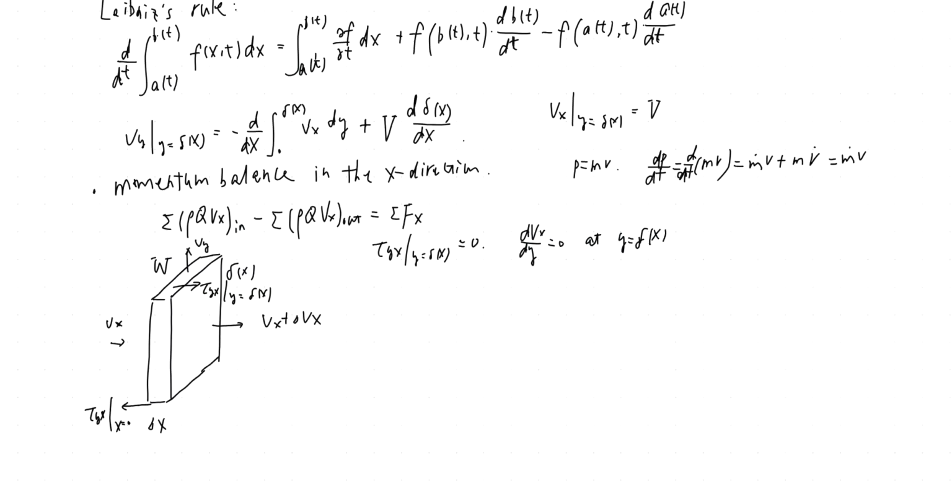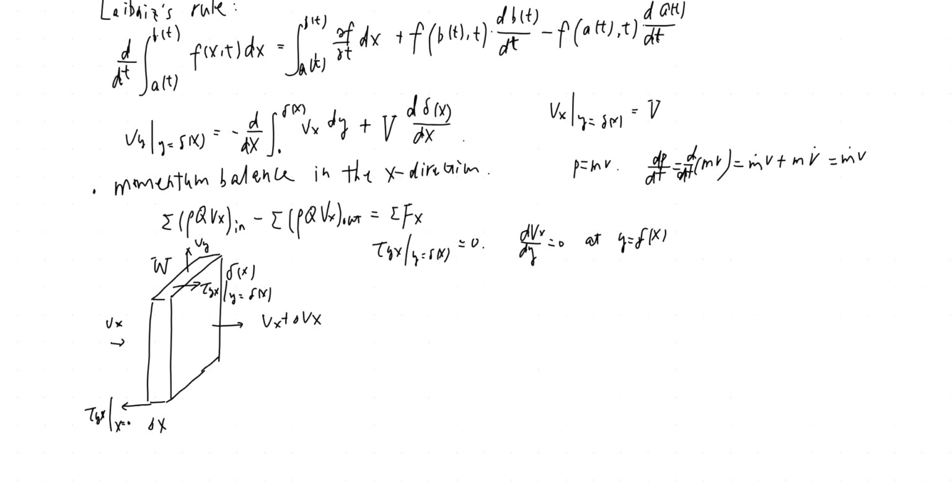Okay, that's the recipe we have. Then we need to figure out the terms one by one. If you look at the momentum transport in and out of the flow, let me write it another way.